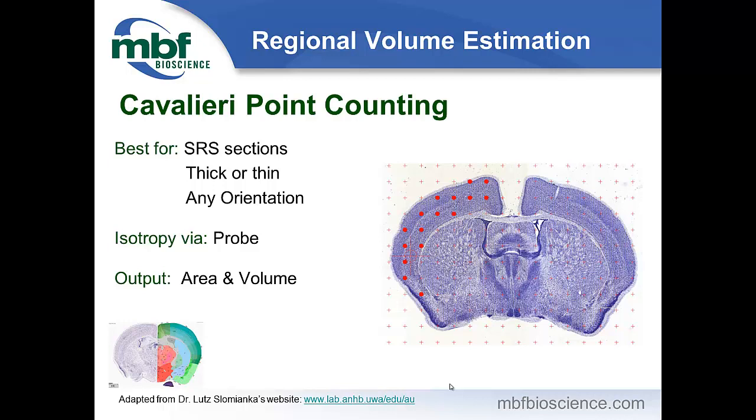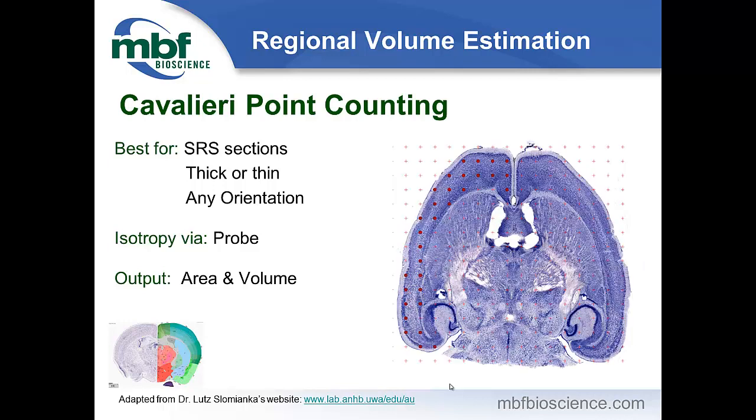You can do this on thick or thin sections, so it's very forgiving that way. And in any orientation. Because the isotropy is achieved via the probe, you can prepare your tissue any way you like. And so the estimate that I would get from a series of sections cut in the horizontal plane, measuring the right cortex, versus a series of sections that were cut in the coronal plane, measuring the right cortex, they would obtain a similar unbiased estimate.